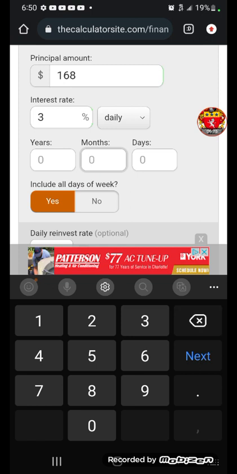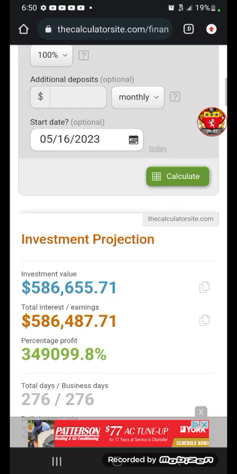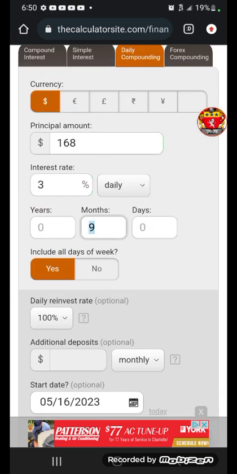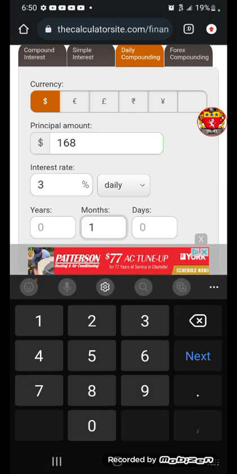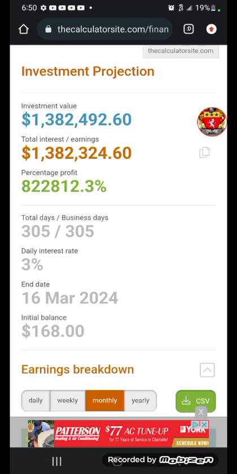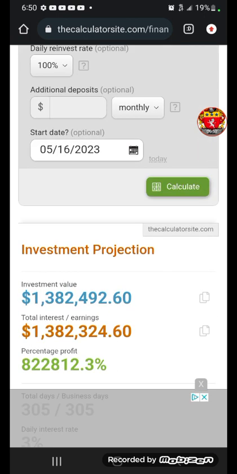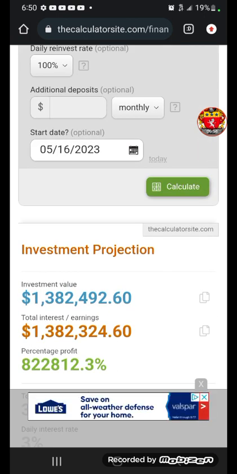That's going to bring us up to like 2.2 million. Watch this. Calculate. Oh, sorry. 500,000 after 9 months. Let's do 10 months. After 10 months, you're at 1.3 mil on a $168 investment, if that's all you invested.